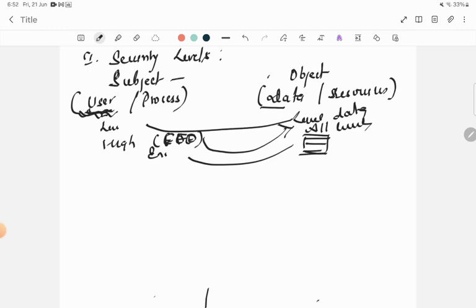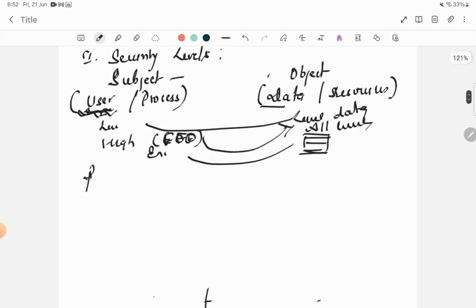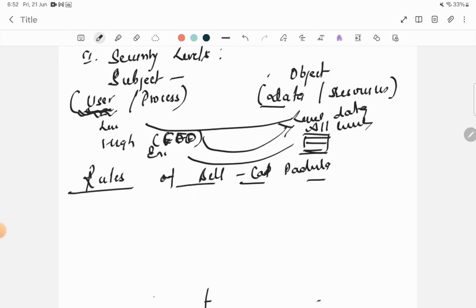Now let's talk about the rules of Bell-LaPadula. This is very important. First rule is known as no read up. What does it mean?